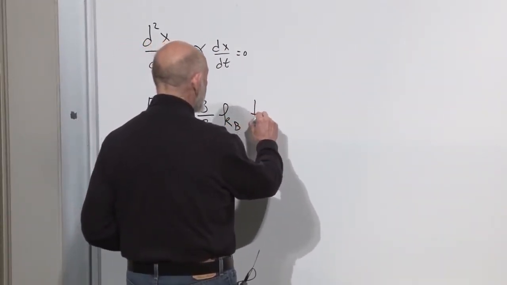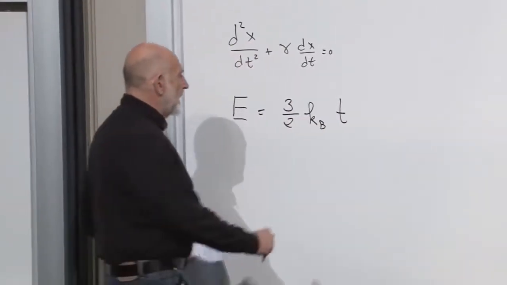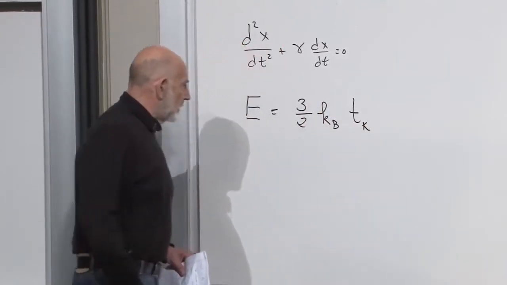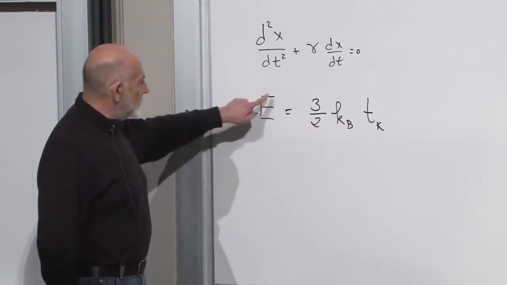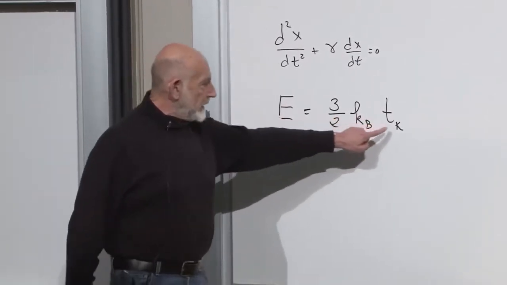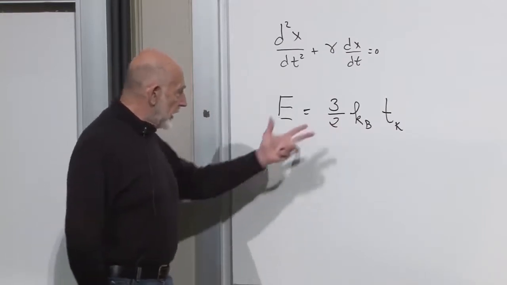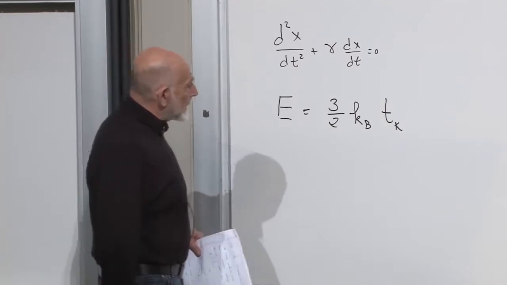times the temperature, but this is the human scale of temperature, so it could be in Kelvin. Temperature measured in Kelvin units. In that case, the Boltzmann constant here has units of energy divided by degrees Kelvin, and it's a rather small number, as you might expect.